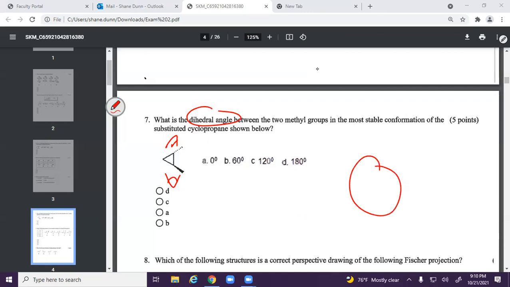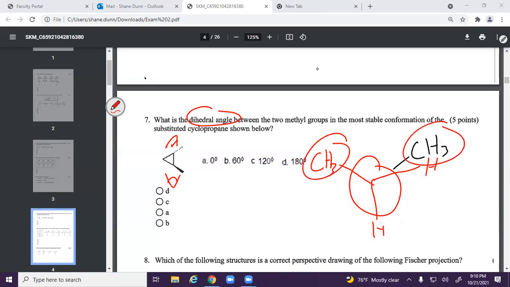So the line coming off the middle one has to be theoretically here, and the back one has to come off the other side. And you just fill anything else with H, theoretically speaking. So these methyl groups are not 180, they're not 60, they're not on top of each other. They're 120. Cool.